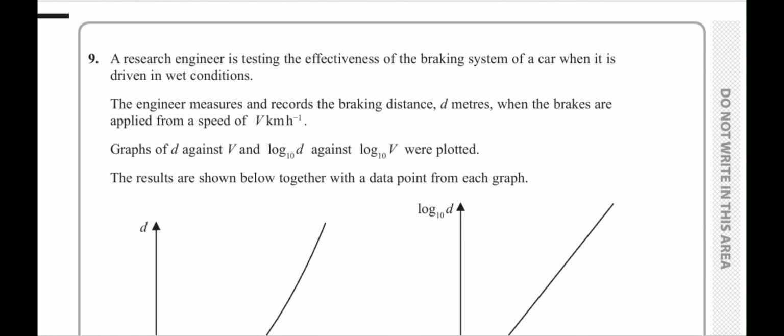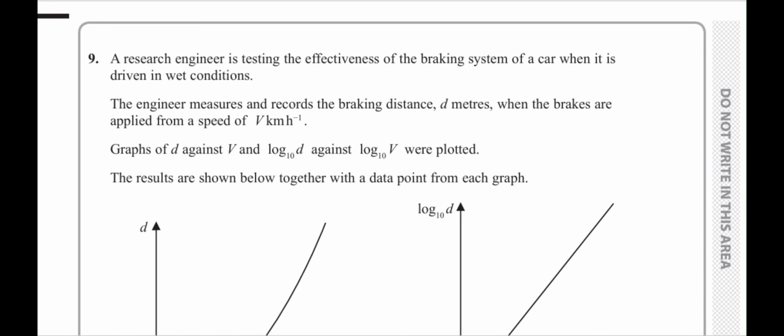Question 9. A research engineer is testing the effectiveness of the braking system of a car when it is driven in wet conditions. The engineer measures and records the braking distance d meters when the brakes are applied from a speed of v kilometers per hour. Graphs of d against v and log d to the base 10 against log v to the base 10 were plotted.